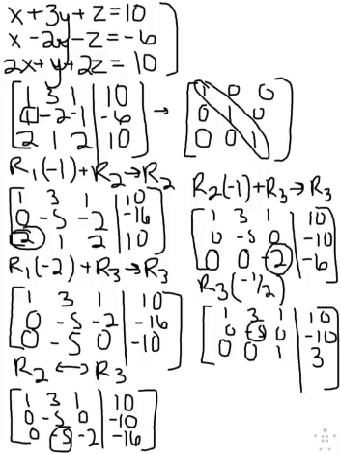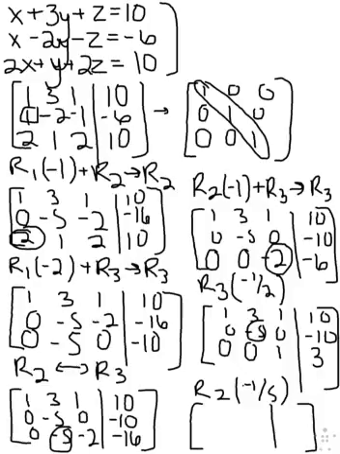Okay, so now I'm going to make that a 1 by multiplying row 2 times negative 1/5. So zeros stay zeros. Okay, negative 5 times negative 1/5 is 1, and negative 10 times negative 1/5 is 2. So then we'll just fill them in again.